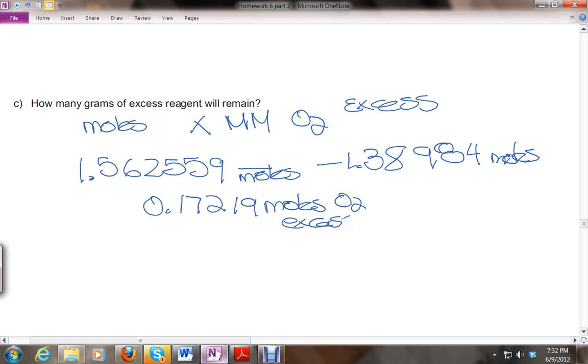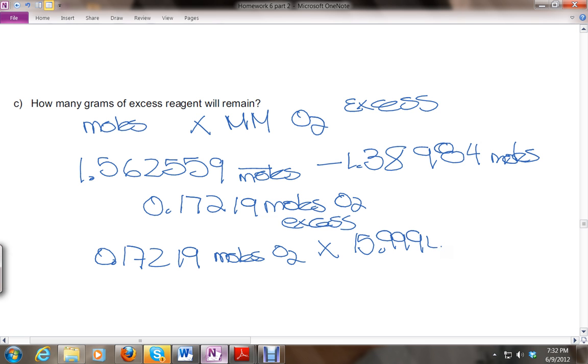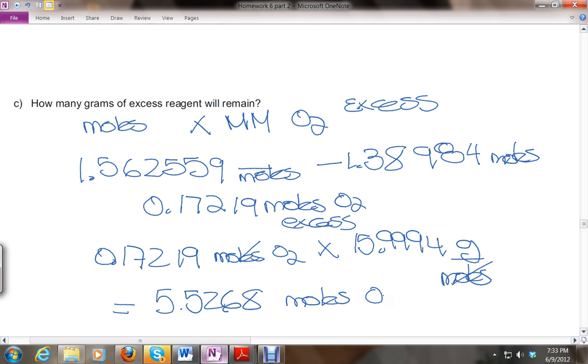Now, what do we do? We multiply by the molar mass of O2, remember. Moles of O2 multiplied by 15.9994 grams per mole. And it's gonna be 5.5268 grams in excess of O2.